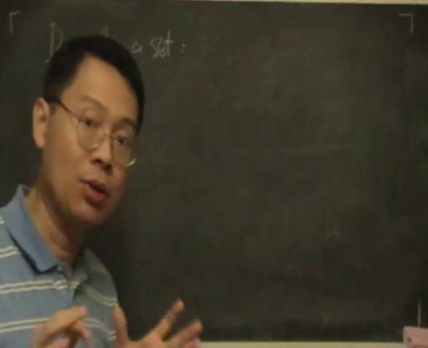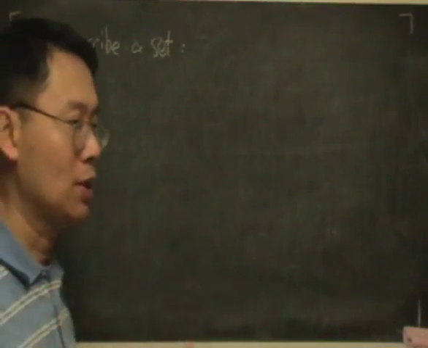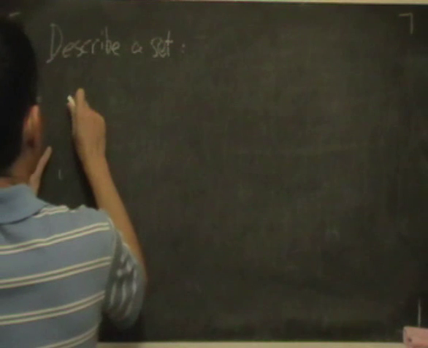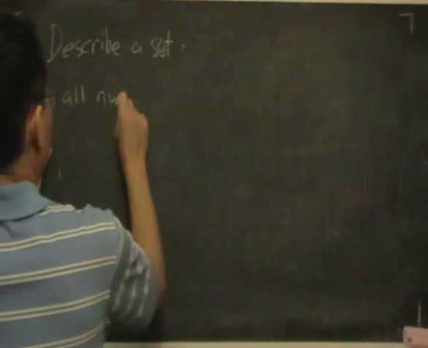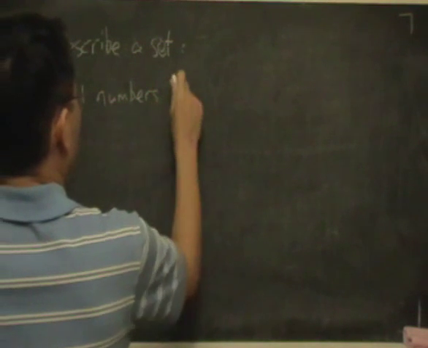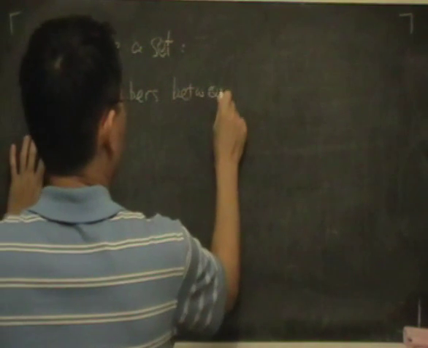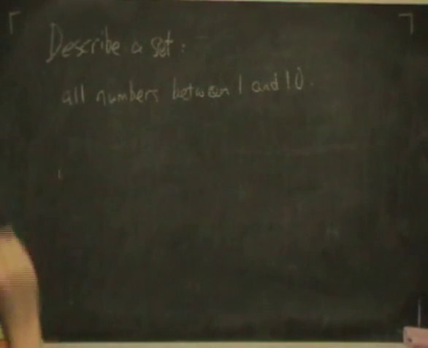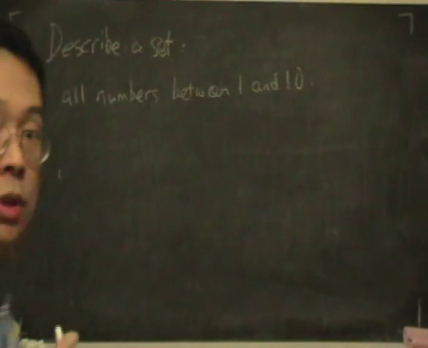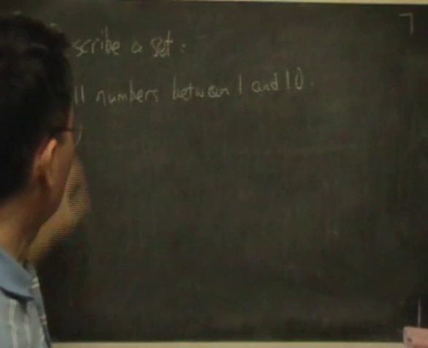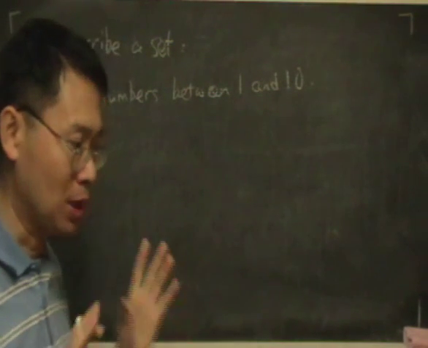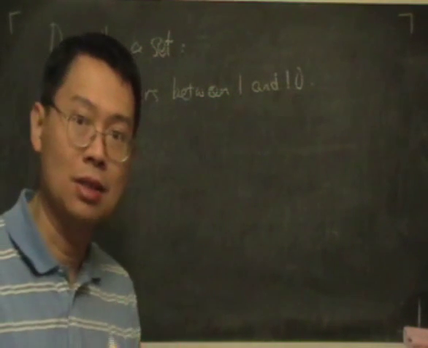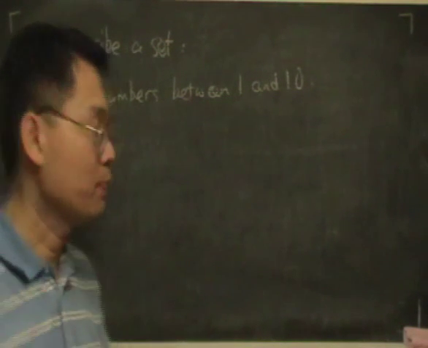For example, let's think of all the numbers that are between 1 and 10. I can describe this in words, of course. But if I describe it in words, it tends to be quite long, and in mathematics we often like to have notations to make it shorter and simpler to describe.